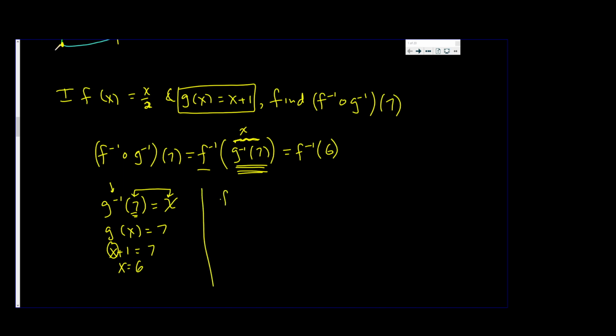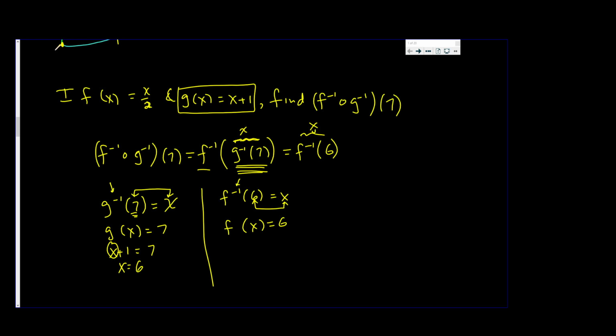Now, what on earth is f inverse of 6? Well, again, usually f of something is a y value. So am I going to say this is a y value? No, because this is f inverse and x and y were switched. This is an x value. Now, if I interchange those, I get x here and 6 here. But then I have to get rid of the inverse. f of x is 6.